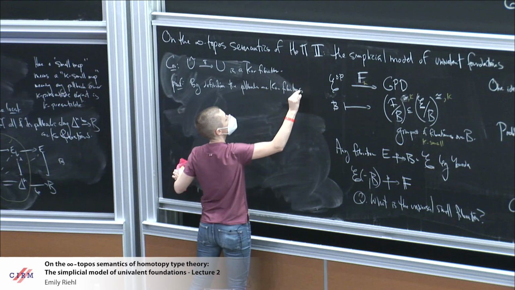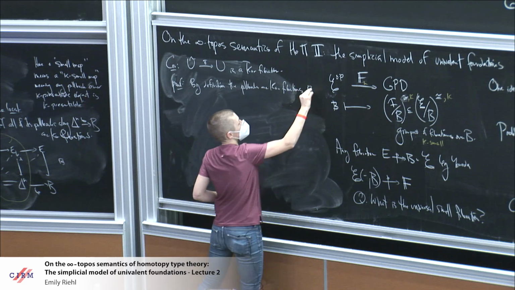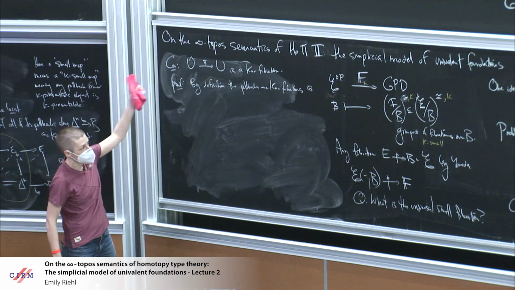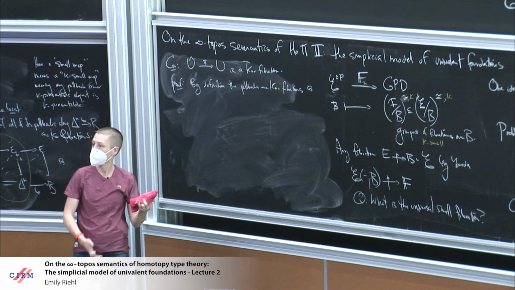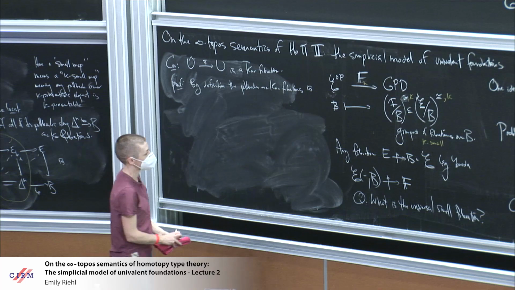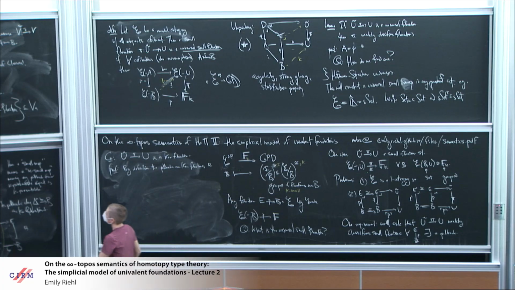Great. So being a cofibration is a good start. I suppose I should observe also that it's a small cofibration. The base here is a large simplicial set, but the fibers are small simplicial sets because they were defined exactly this way using Vn, and Vn are presheaves valued in small sets. So this is a small fibration.